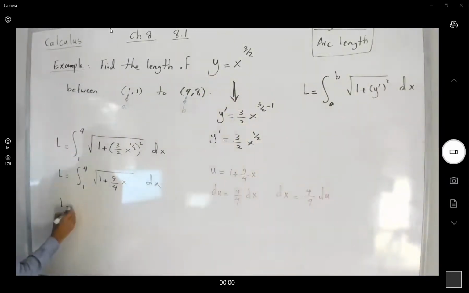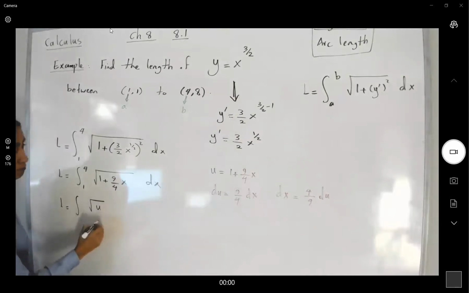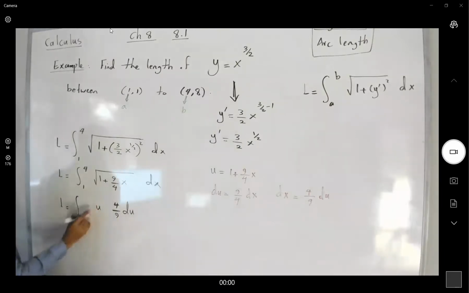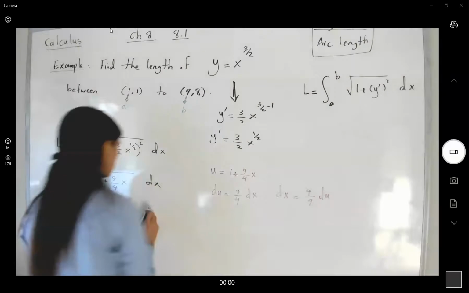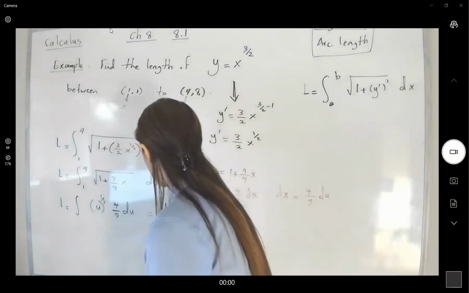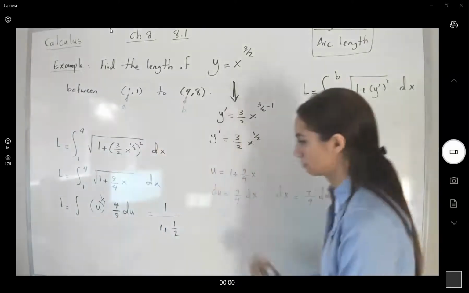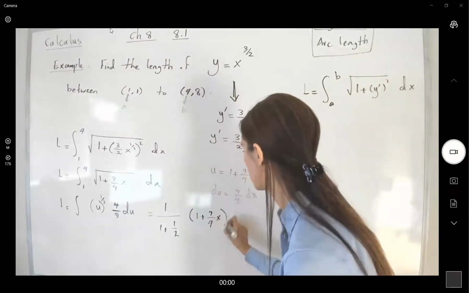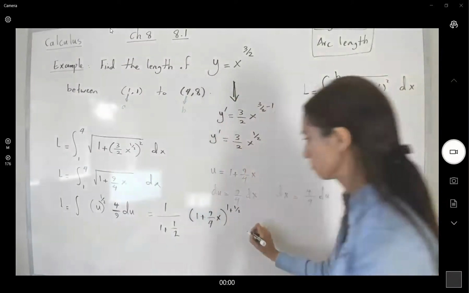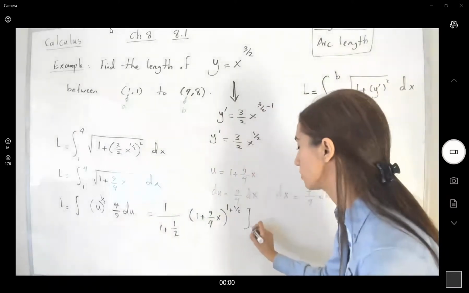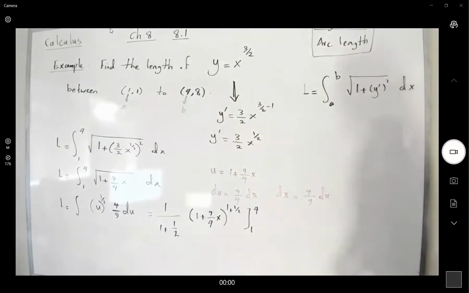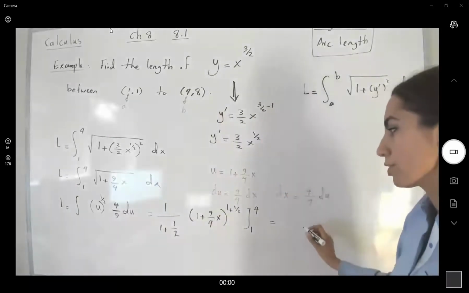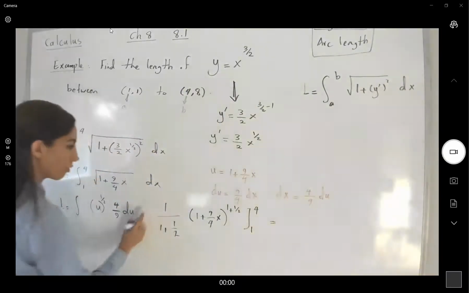So L is equal to the integral of the square root of u times 4 over 9 du. So this is u to the 1/2. This gives me 1 over 1 plus 1/2 u, which is 1 plus 9 over 4 x, to the 1 plus 1/2, and x ranges between 1 to 4. If you take a common denominator, you get 2/3, and I missed this guy, 4 over 9.